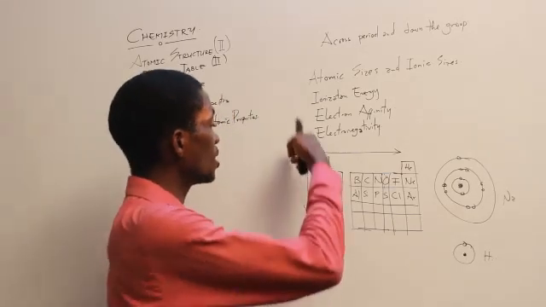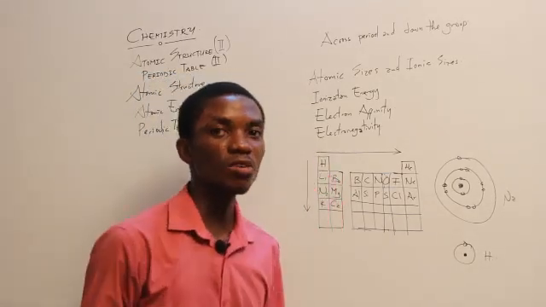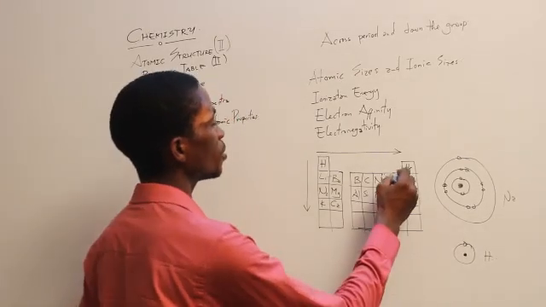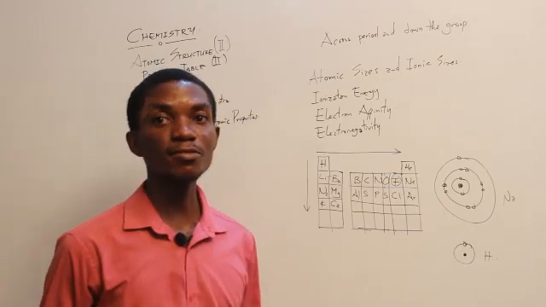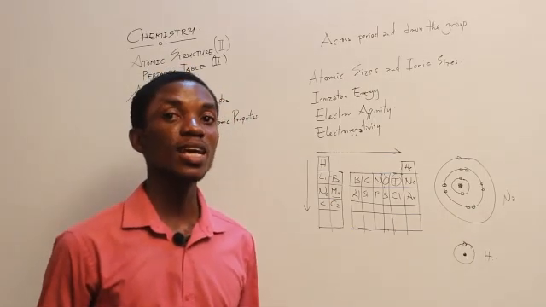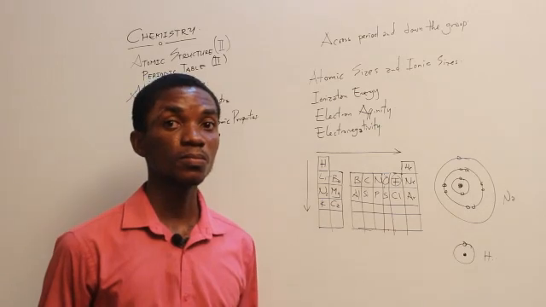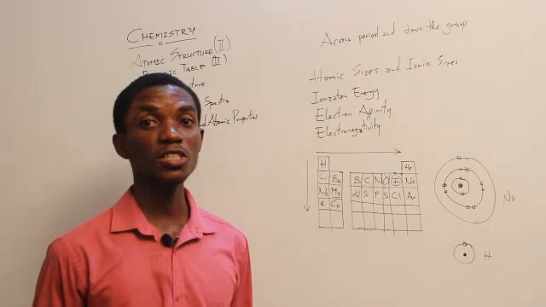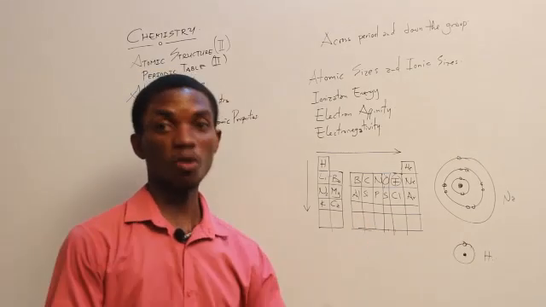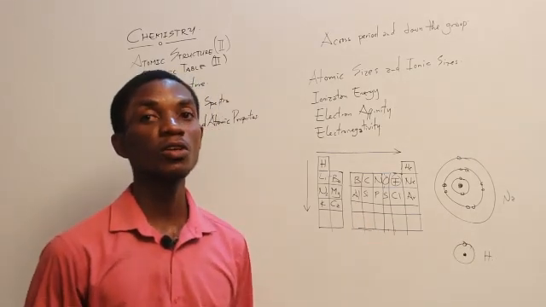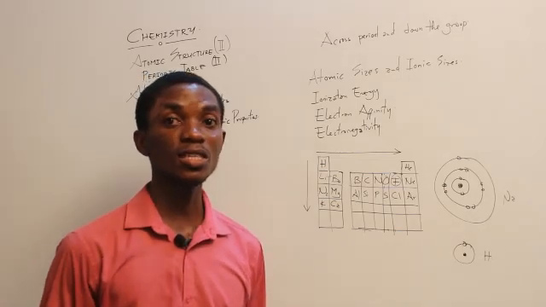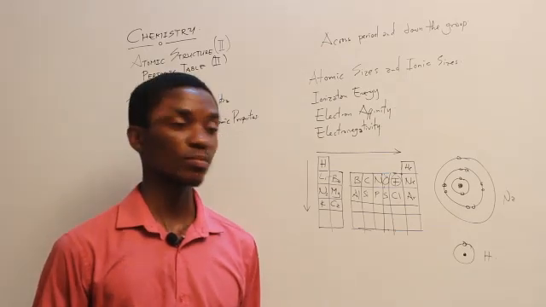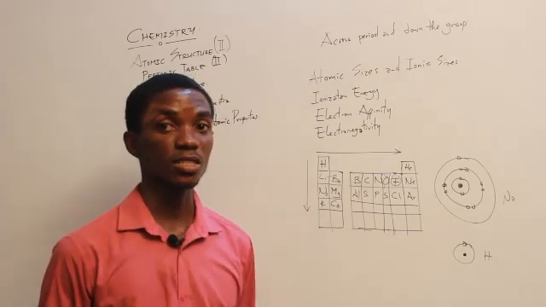But then as you go down the group, you discover that love for electrons simply diminishes, and that's the reason why we find fluorine as the most reactive and the most electronegative element in the world, because it is so passionate, so greedy. It wants to merge, it wants to consume every single opportunity, every single thing it sees. It even reacts with gold to show you how high its electronegativity is.